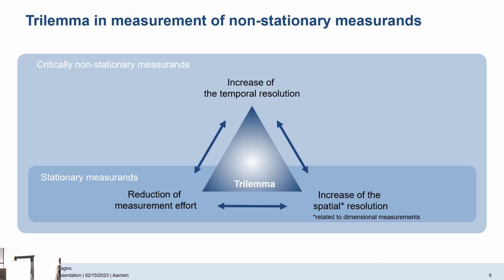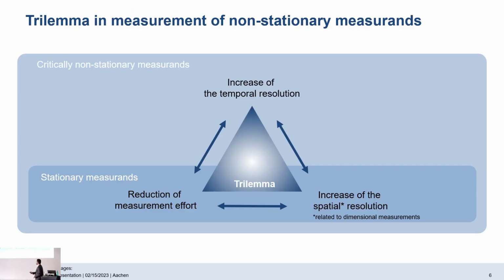And that brings me to my next slide, where I want to introduce the trilemma in measurement of non-stationary measurands. If we just measure stationary measurands, which could be represented, for example, by a traveler which has a constant direction, which would lead to a straight path here, only the spatial resolution, which is here related to a dimensional measurement, would be critical for the overall measurement error.